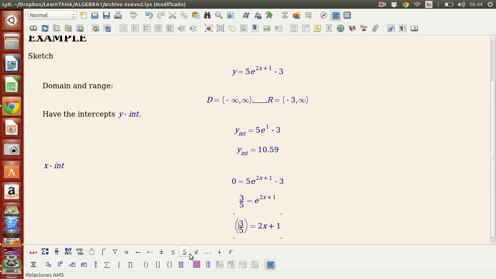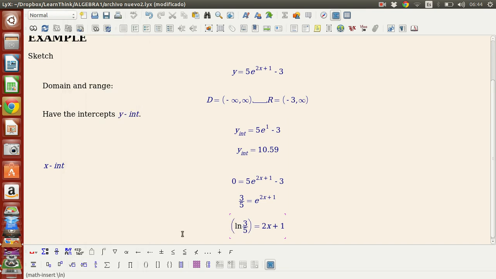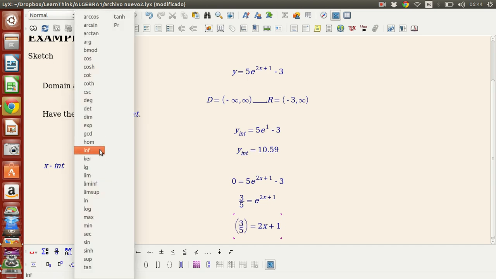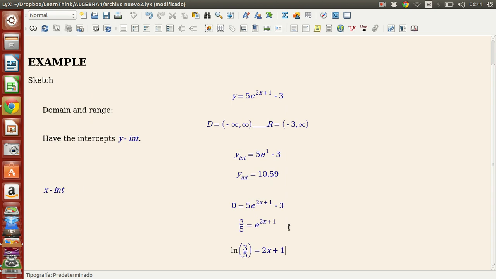So we apply the natural logarithm and solve this equation.